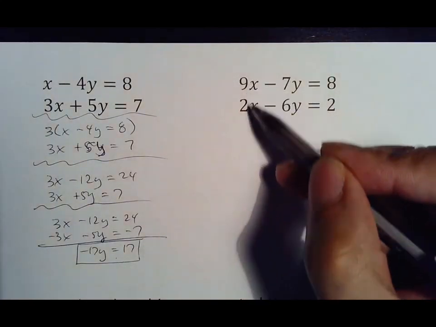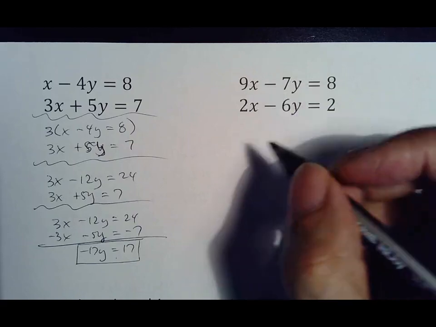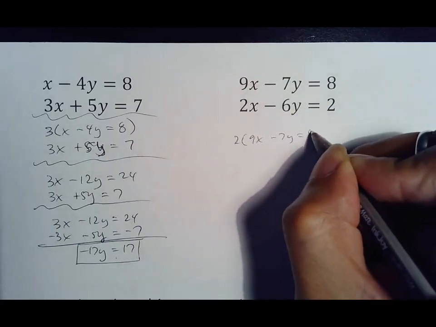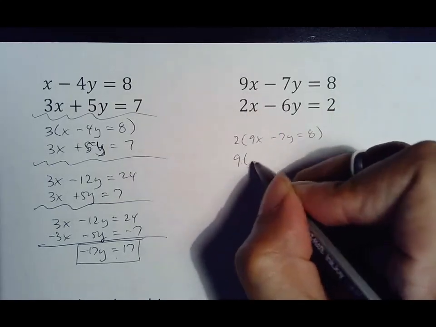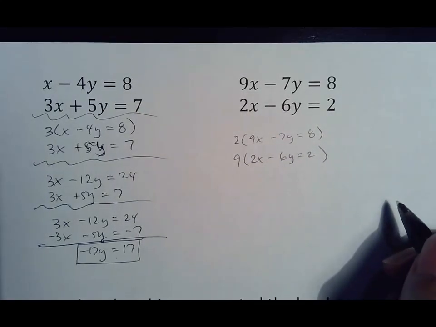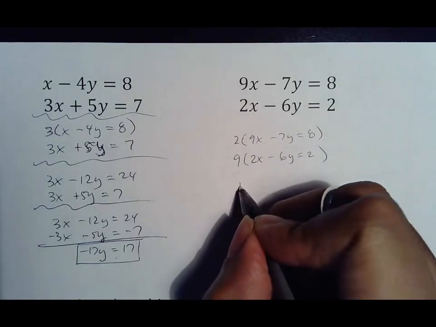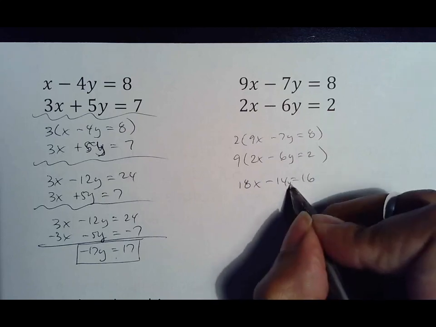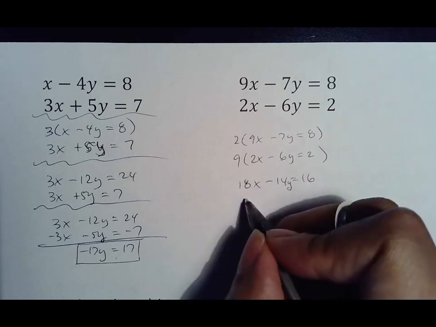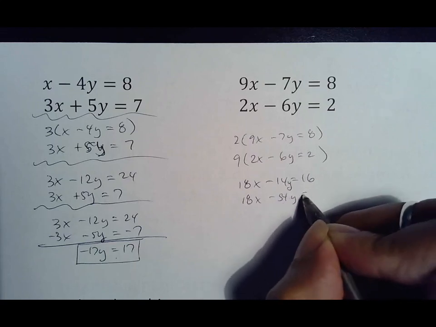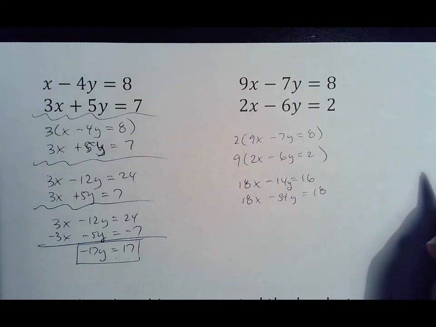And again, same situation, just like it was last time. We're just going to simply take the 2 and bring it up. We're going to take our 9 and bring it down. We're then going to distribute appropriately. Sorry, I need a y. Same thing here, 18x minus 54y equals 18.